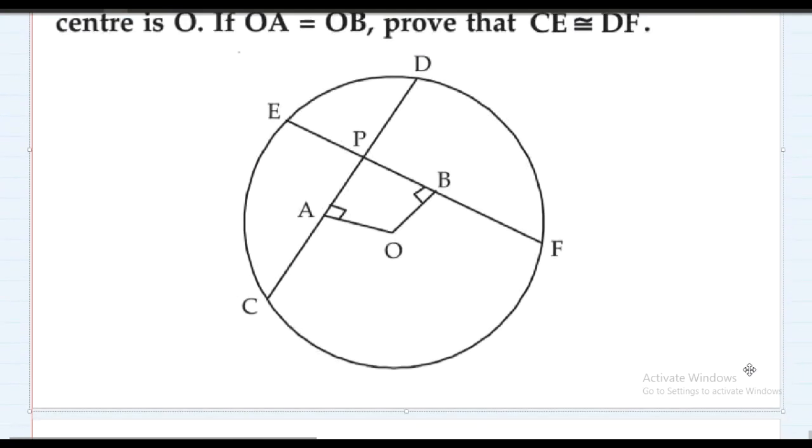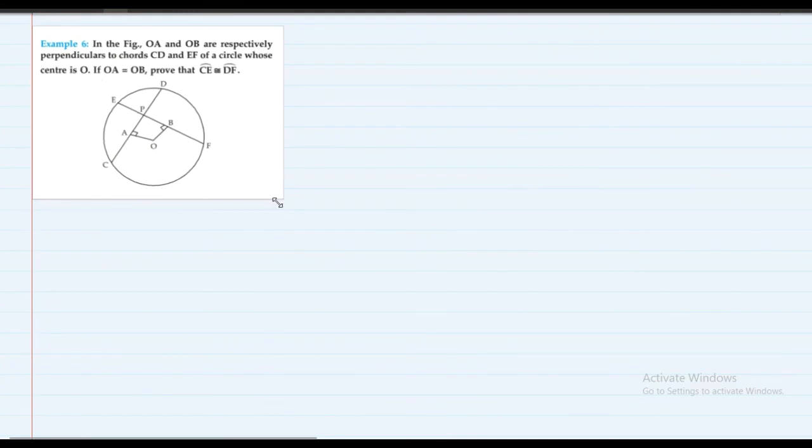Okay, let's move to the last question of this part. In the figure, OA and OB are respectively perpendiculars to chords CD and EF of a circle whose center is O. Okay, let's write the given. OA is perpendicular to CD.